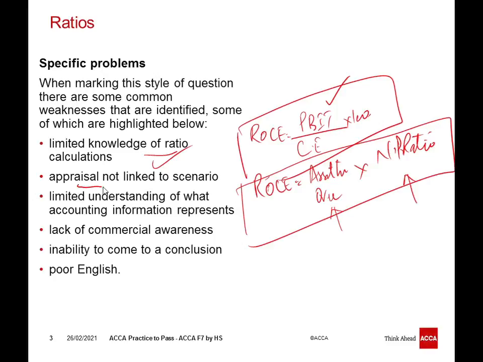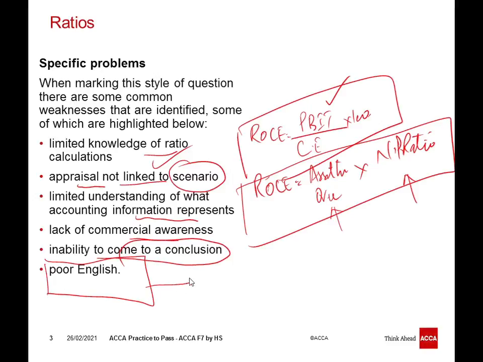Then, students usually do not link the appraisal with the scenario. Limited understanding of the accounting information represents a lack of commercial awareness and an inability to come to a conclusion. The most important part for students in Asian countries and in African countries is English.